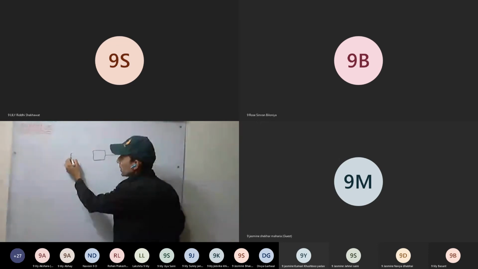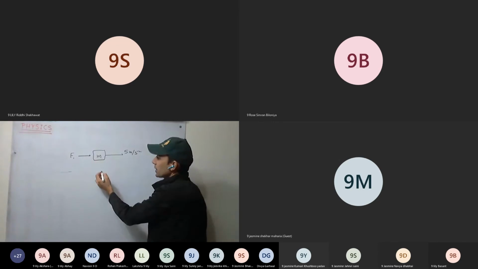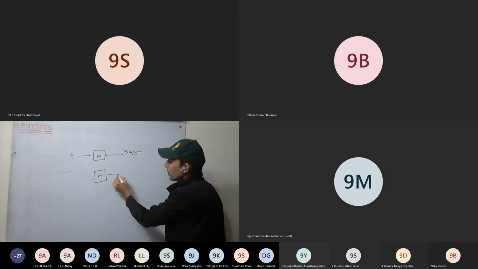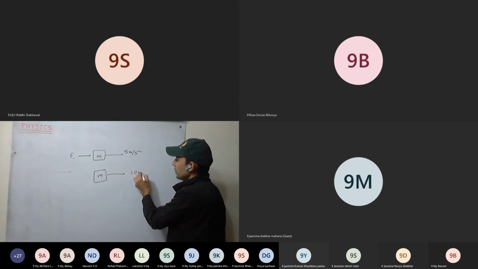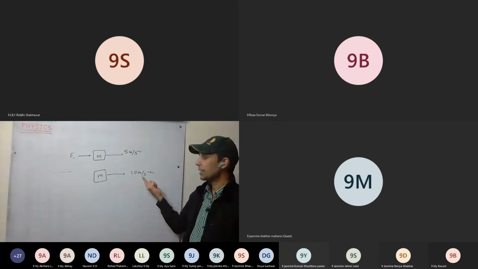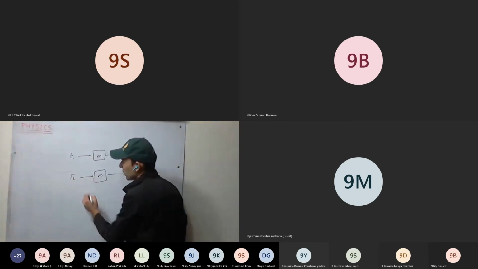We require some force, for example F1, and the body's mass is m. Now for the same body, this time we have to produce an acceleration of 10 meter per second square, so in 1 second the velocity must change by 10 meter per second. This time some force F2 is required.